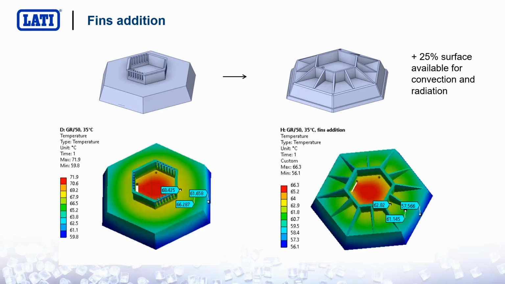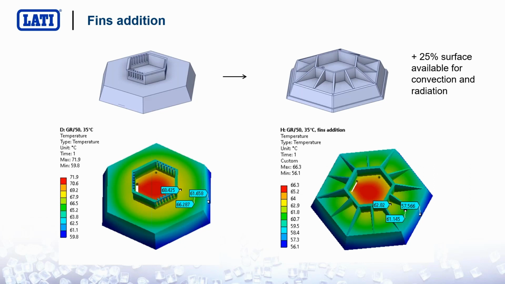And we see here how different is the result of the thermal study on these two geometries. In this case, the limit temperature was 65 degrees. In fact, it was possible for people to touch this part, and the customer didn't want anyone to get burned. So 65 degrees is the limit temperature below which you don't get burned if you touch it.